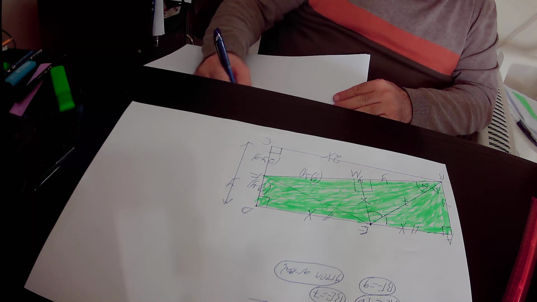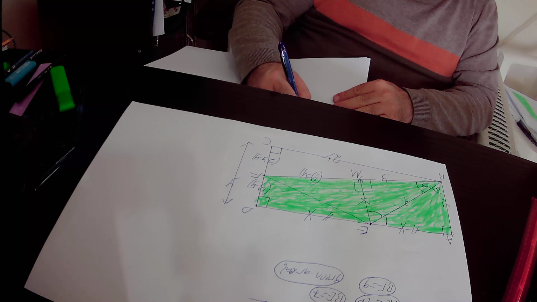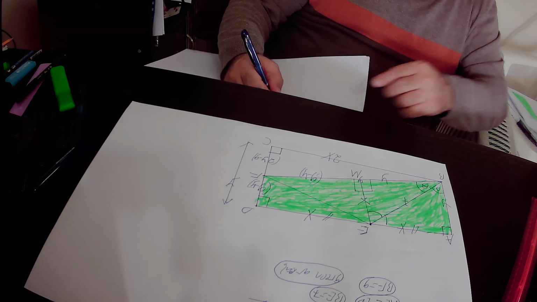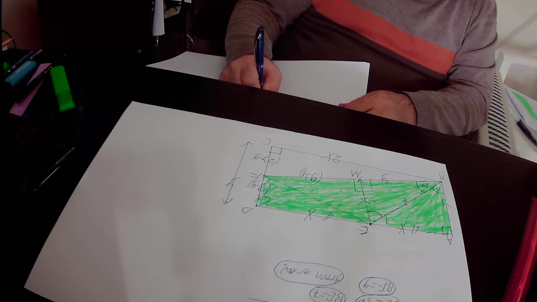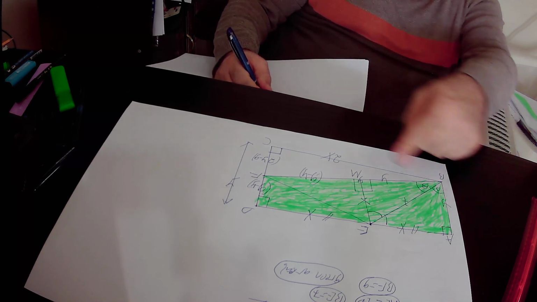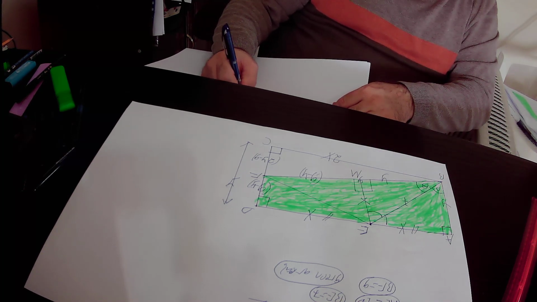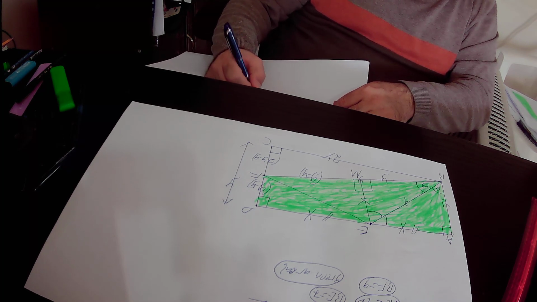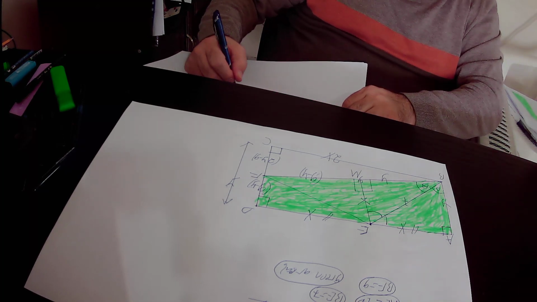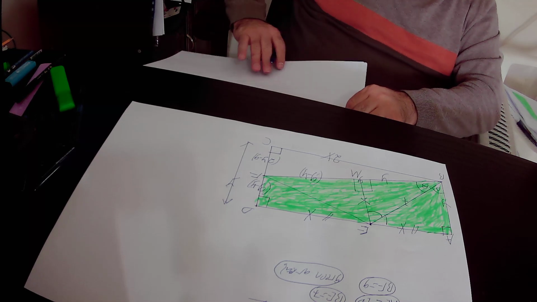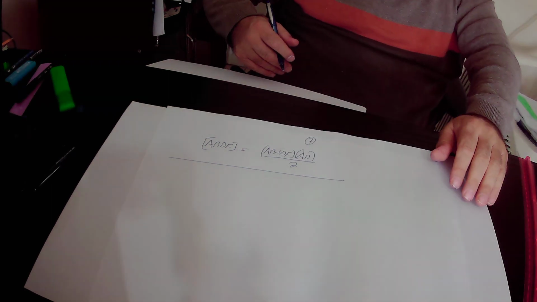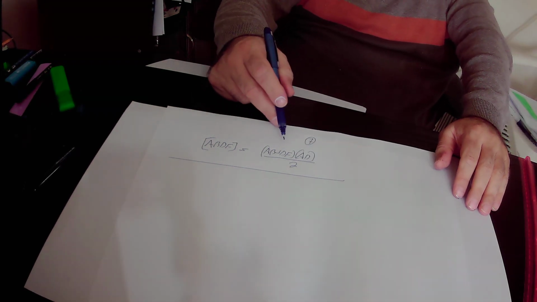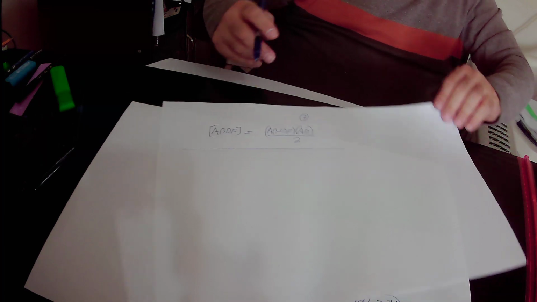The area of trapeze ABDF will be equal to (AB plus DF) times AD, the height AD, over 2. I repeat again, the area of trapeze ABDF, that is the area of the green shape, equals to (AB plus DF) times AD over 2.